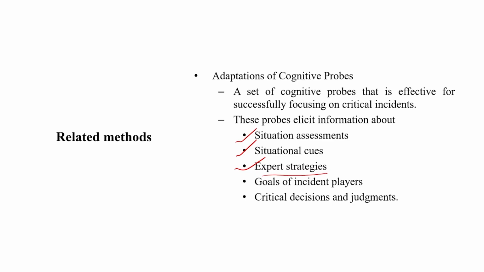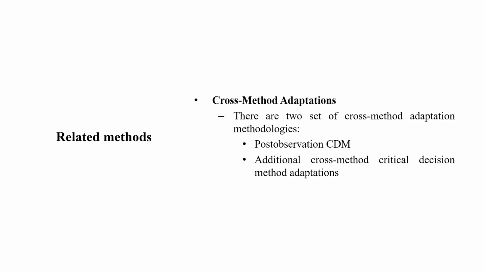You inquire with novice people who are not really experienced in that field, and then you get ideas from the expert people. Now you really understand what the basic differences are, and whether your design or intervention can make up these differences. Then the goals of incident players and the critical decisions and judgments are also covered in the cognitive probes.